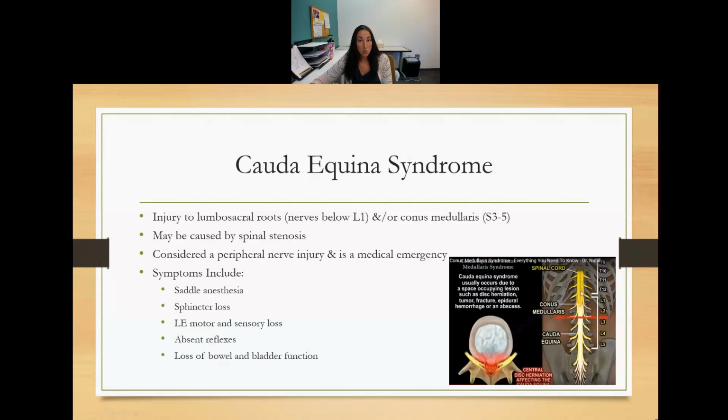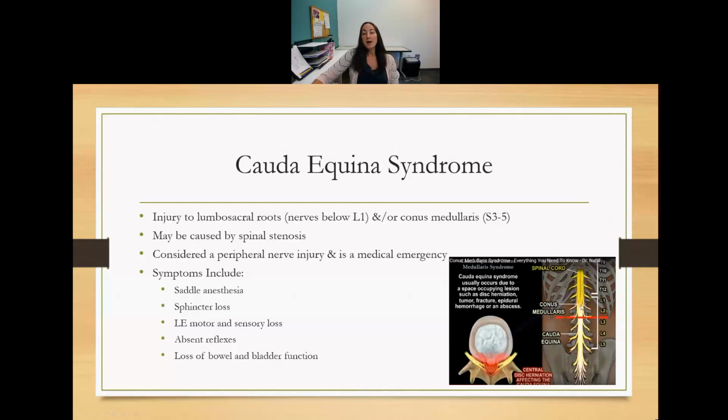But once we pass L1, the nerves start to become individual nerves that are just traveling in a column together before they exit out. So if any area below L1 is damaged, then it's known as Cauda equina syndrome. And Cauda equina means the horse's tail. So of course, these nerves fan out like a horse's tail.